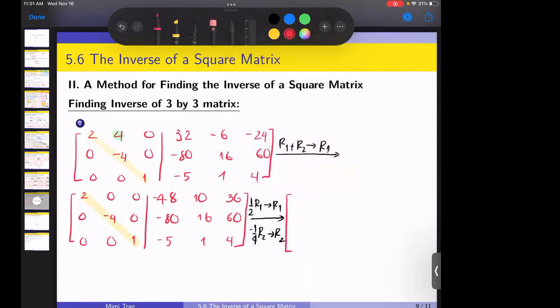So if I divide everything by 2 on the first one, it becomes 1, 0, 0. -48 divided by 2 is -24. 10 divided by 2 is 5. 36 divided by 2 is 18.